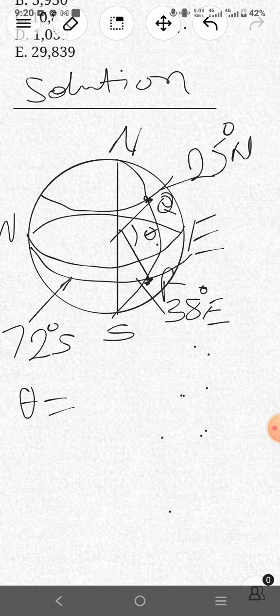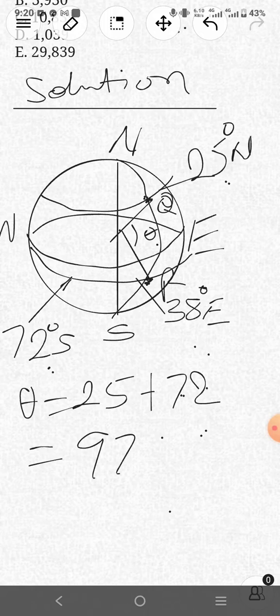We now have 25 plus 72. When we add the two together, we have 97 degrees.